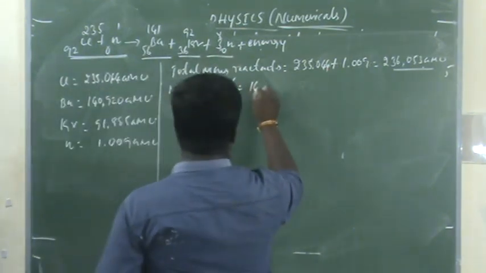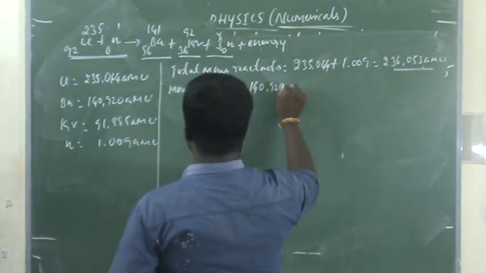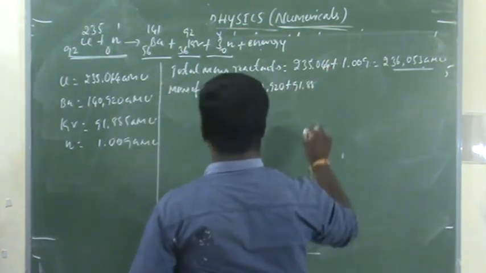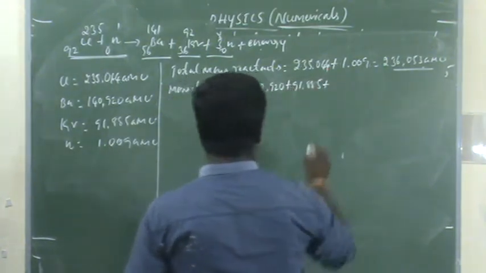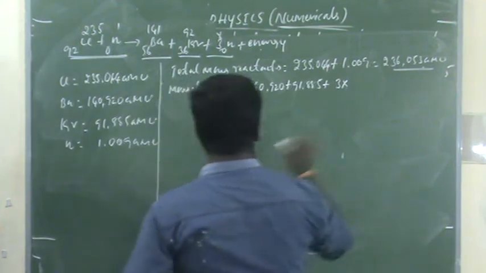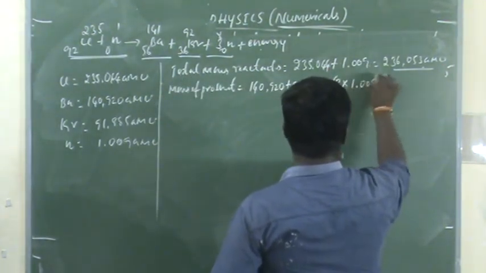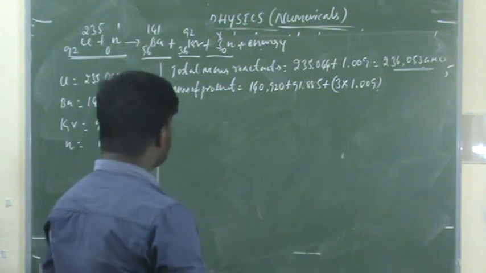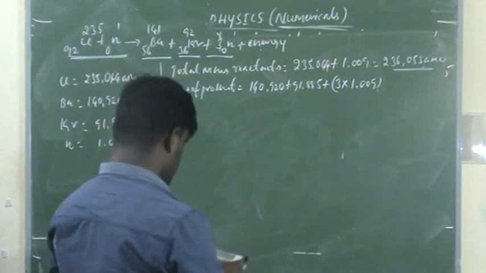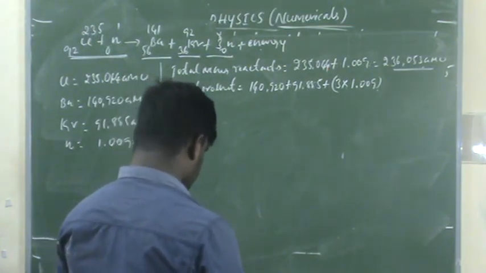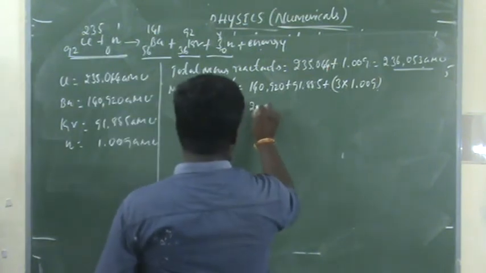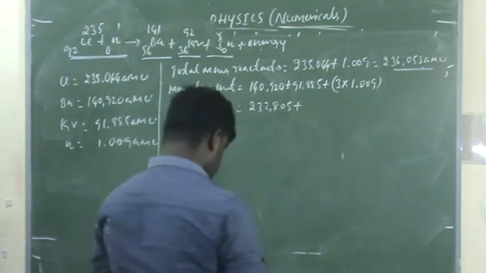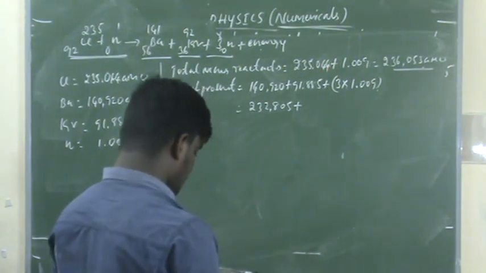Barium is 140.920 plus krypton 91.885 plus 3 into 1.009.